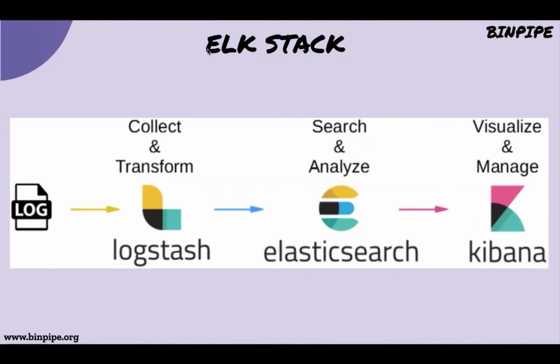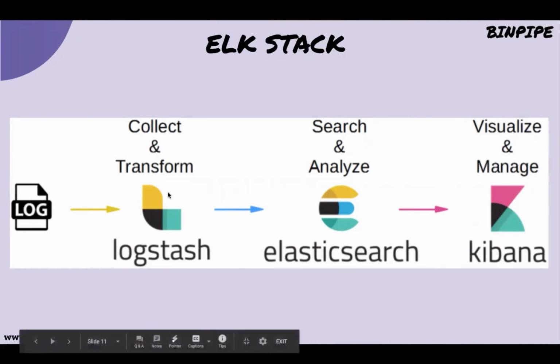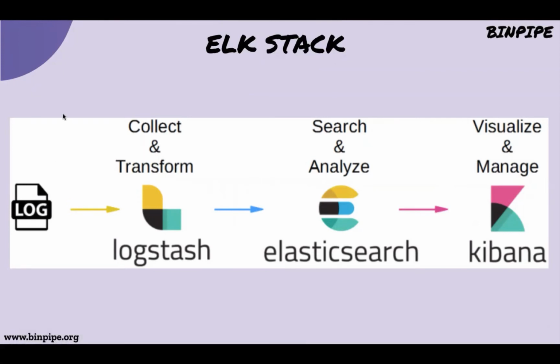So Logstash is the agent that collects the logs from those different servers. Like you have 100 different servers with 100 logs. So there is an agent that collects the logs and pushes it to a database called Elasticsearch.